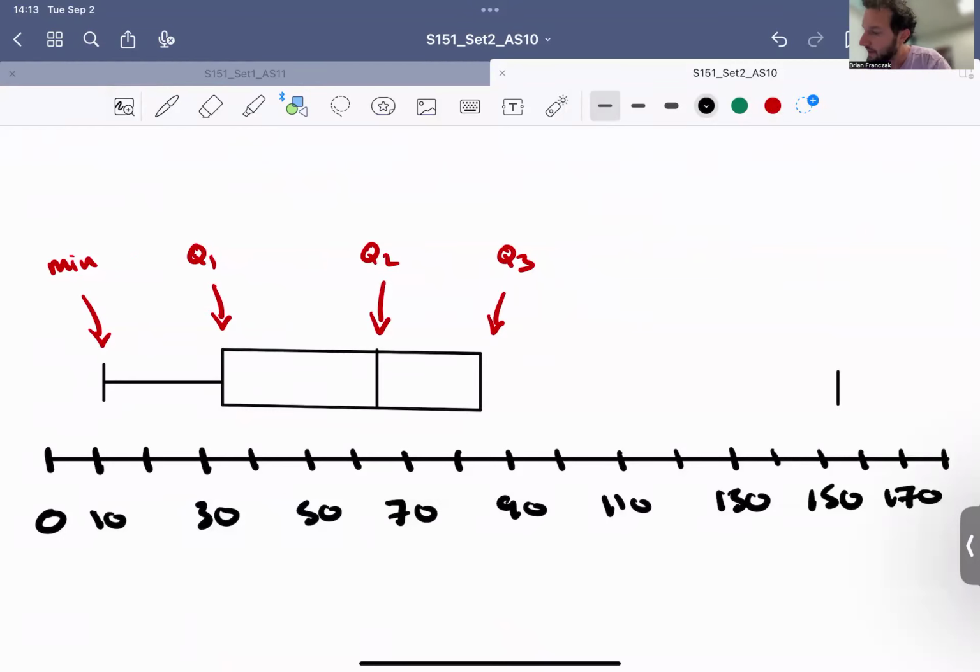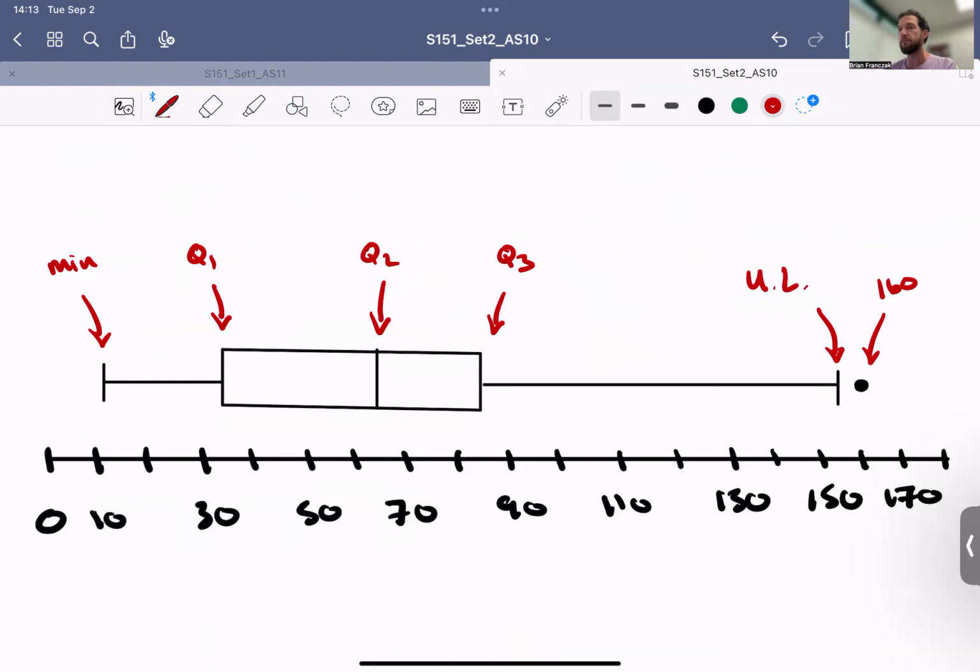And then I'm going to connect this to my box as such. And then I am going to put a point or some shape of choice here to mark the outlier, which is the maximum value from our data set. So this here is the value 160, and this dash line here is the upper limit.